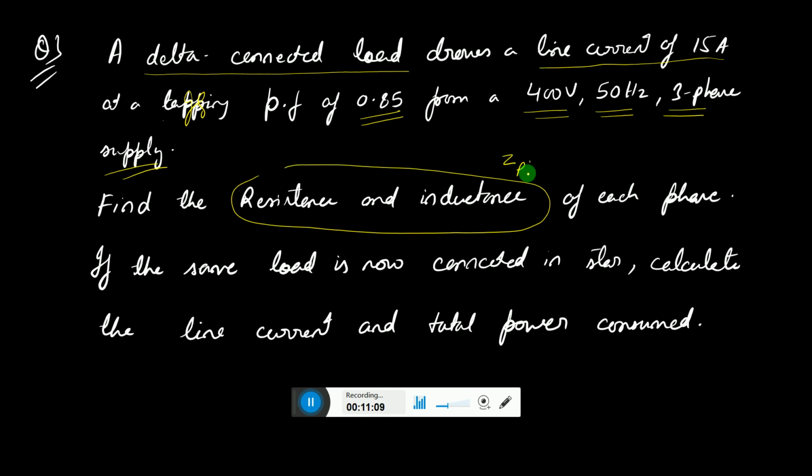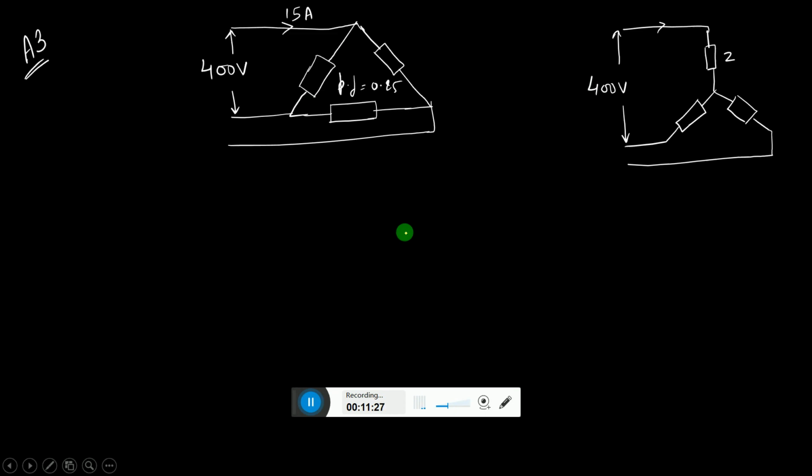That means if I can find Z phase, automatically I can find the R phase and L phase or XL phase. And later on we can look at this problem also. So here in this problem, the supply voltage is given as 400 volt 50 Hz AC supply.